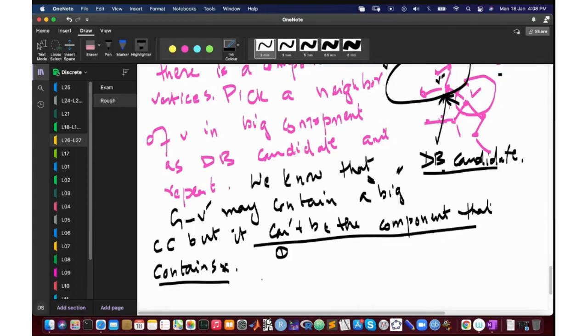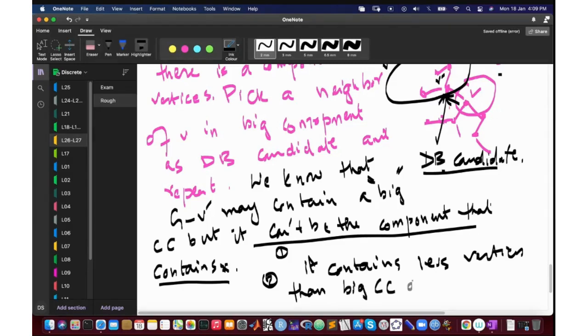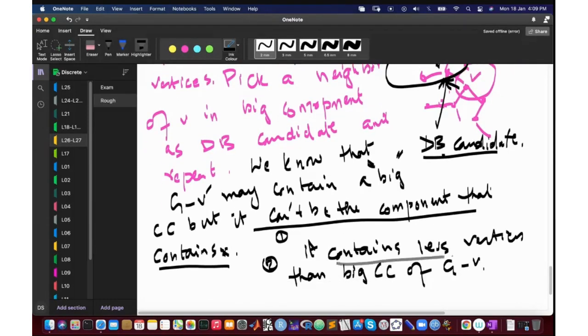The second point is that it contains fewer vertices than a big component of G minus V. Okay, this will complete the proof. But why are these two things true?